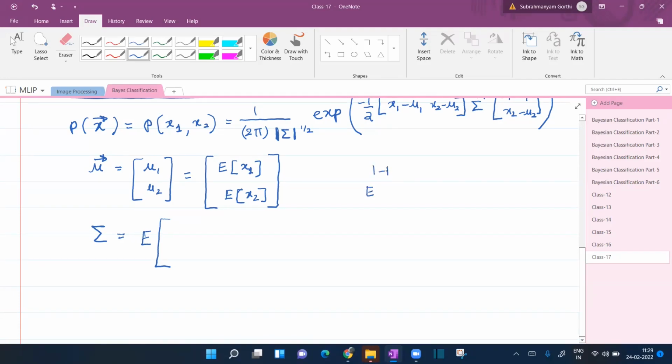In a 1D case, sigma square is the expected value of x minus mu whole square, which you have seen in the previous class. Now, tell me, what is the dimensionality of this covariance matrix? L cross L, so 2 cross 2. Right. Now you tell me, how do you write that x minus mu whole square inside? x1 minus mu1.